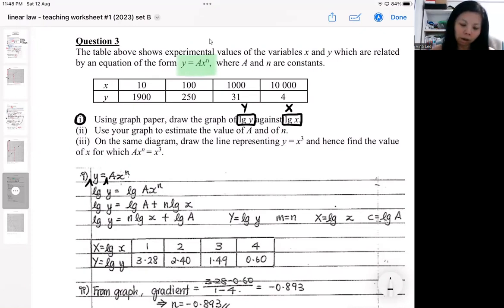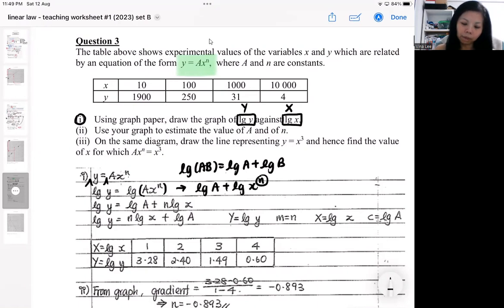Okay, and then apply your log AB, and then you get a log A plus log B. Then you can bring down the power in one of the log. So bring down the power.